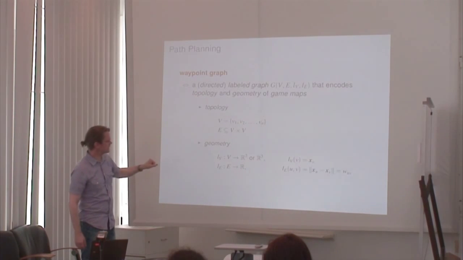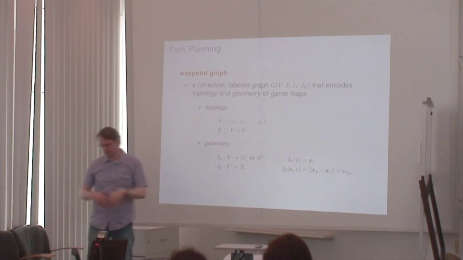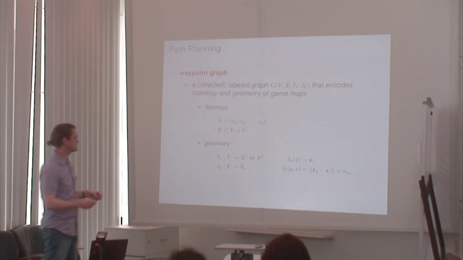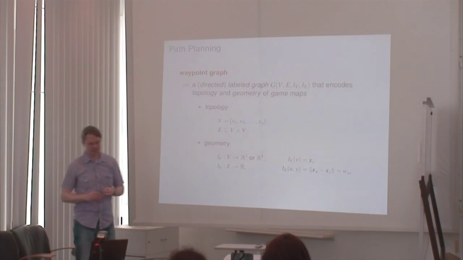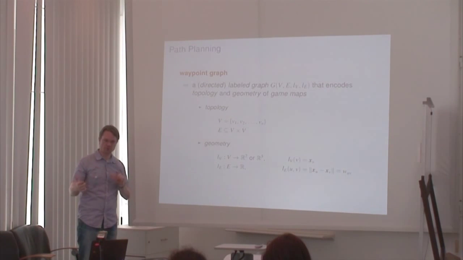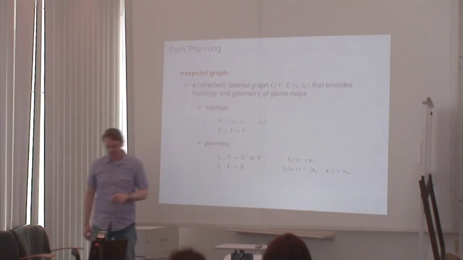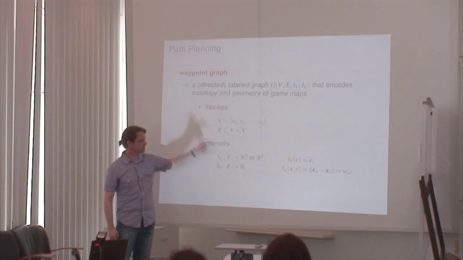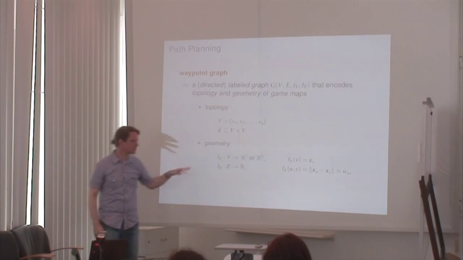So for instance, we could think of the vertices indeed representing possible waypoints, and the edges of a waypoint graph could indicate possible transitions between waypoints. And the vertex labeling function would, for instance, map every vertex to a 2-dimensional or 3-dimensional coordinate. So this is where the geometry happens.